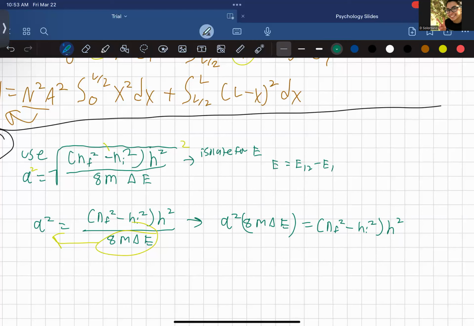I'm gonna try and finish this problem in that time, and if I don't, then just rejoin the same Zoom link.